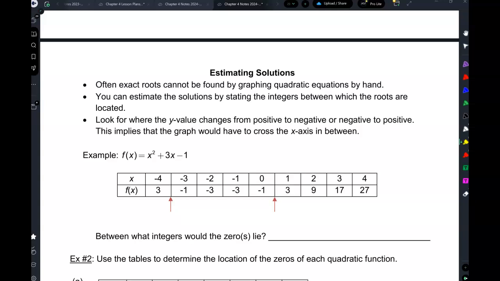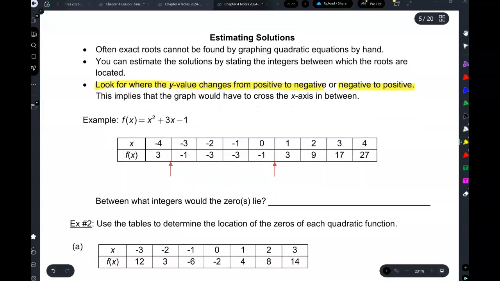All right, so look here. What you can do is look for where the y value changes from positive to negative or negative to positive, right? So for example, here, the y value goes from positive to negative. That happens between x equals -4 and x equals -3.